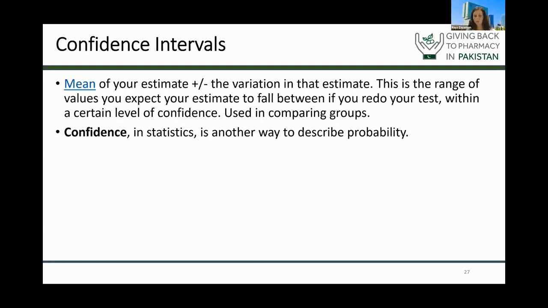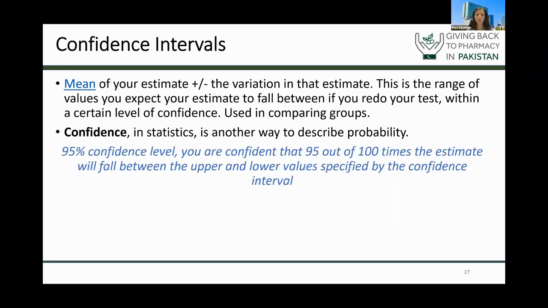Confidence is just another way to describe probability. If you set your confidence level at 95%, then you are confident that 95 out of 100 times you repeat your study, the estimate will fall between your upper and lower values.